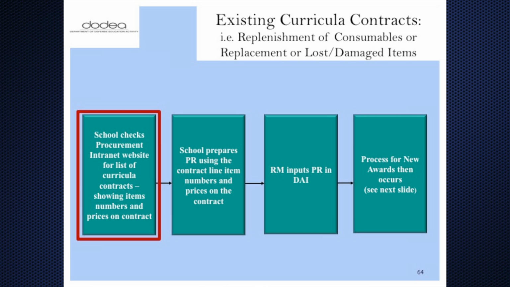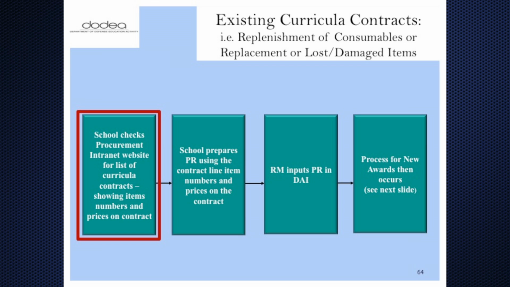First thing you need to do is go into the procurement intranet website and find that contract that you want to order from. It's going to be listed by topic. You can easily find it by navigating through the intranet, and then open up the contract once you find one that would apply, and find the CLIN numbers that you're going to order from.